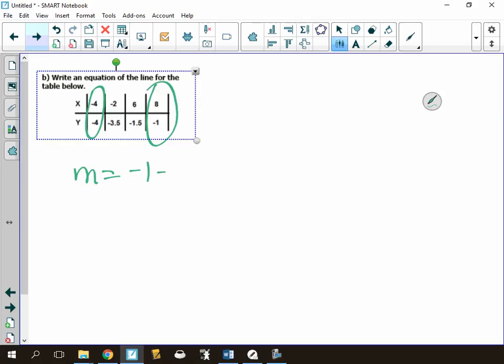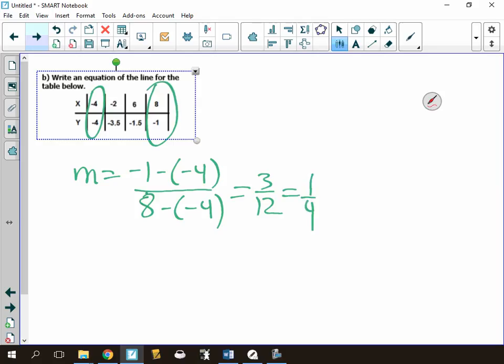y2 minus y1 over x2 minus x1, which will be 3/12, which is 1/4. So now I know, we know that y equals mx plus b, and I know that the slope is 1/4.